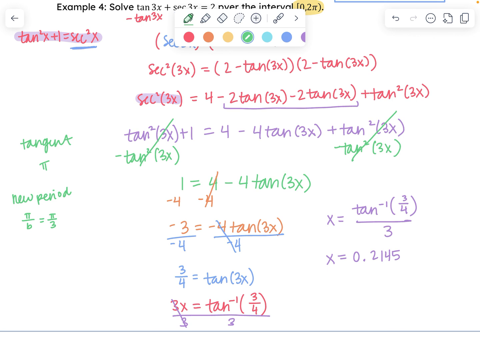So when I plug that into my calculator, I get 1.261.